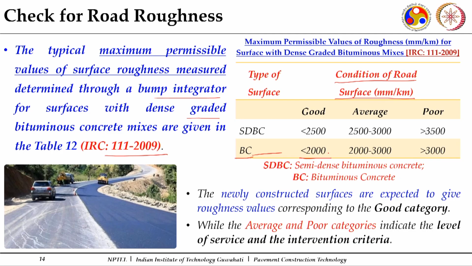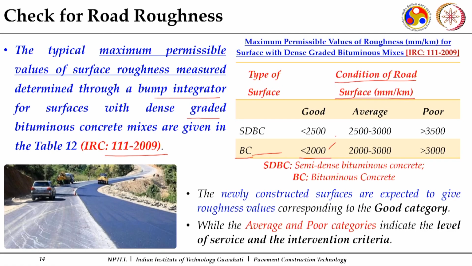For a good surface, possible when newly constructed and in the initial years of service life, you always prefer a roughness of less than 2000 mm per kilometer.